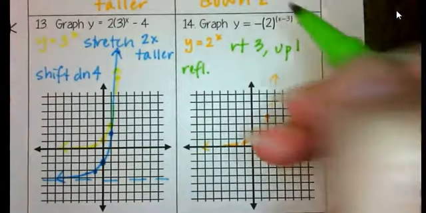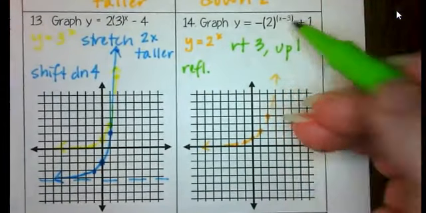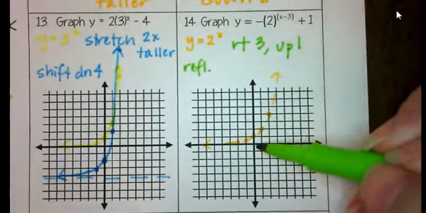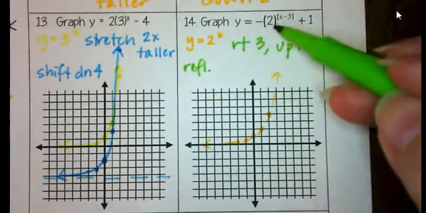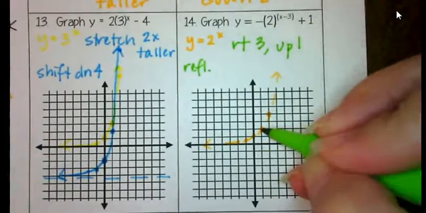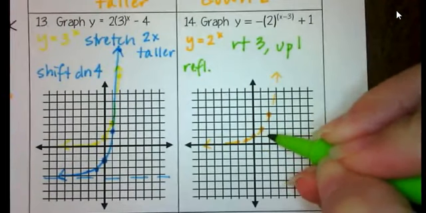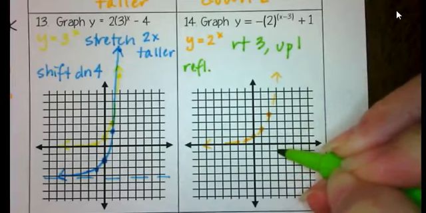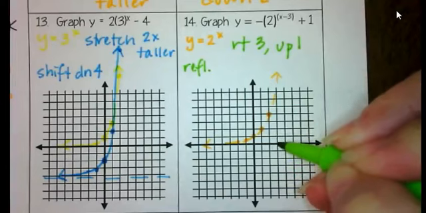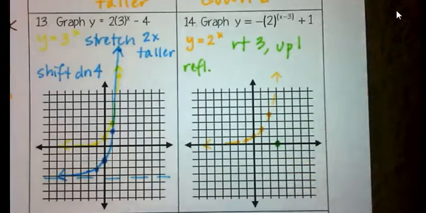All right, so first thing that we're going to do is, we'll reflect it, well, actually, we should go right 3 first. So let's move to the right 3. So 1, 2, 3. Then we're going to reflect it over the x-axis, which means it's right there. Then we're going to shift it up 1, so it's going to be right there.